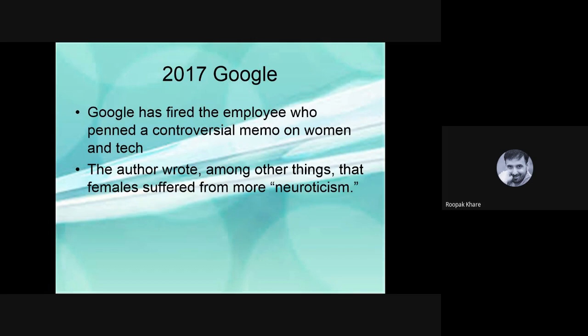Google also made a similar mistake once, when one of their employees said something very mean about women: that women should prove their talent and then ask for a pay rise. He also used certain words like neuroticism. This employee was thrown out of Google. It was in 2017, a very controversial memo.